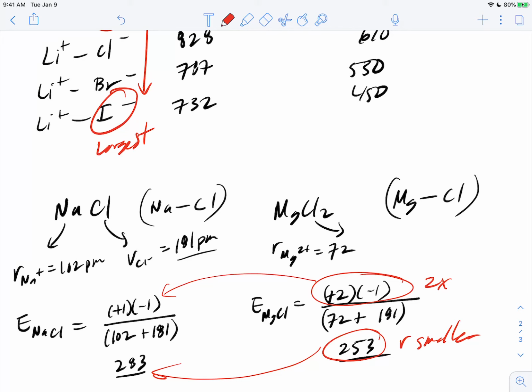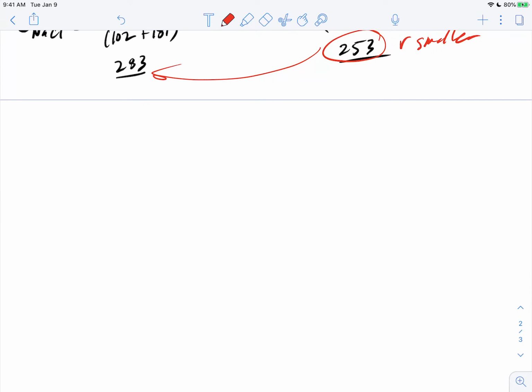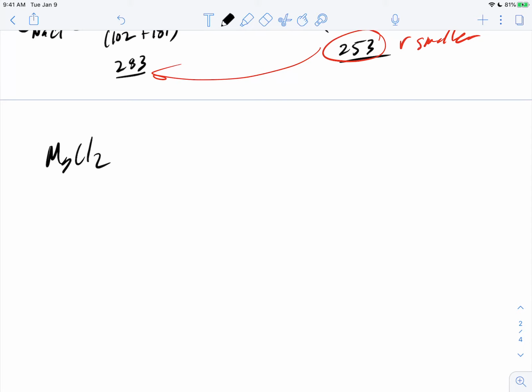Okay, so we can use our knowledge of ion-ion interactions to determine the general strength. So let's do a real quick example so we make sure we're feeling good about this. Magnesium chloride and calcium chloride, let's compare those two.